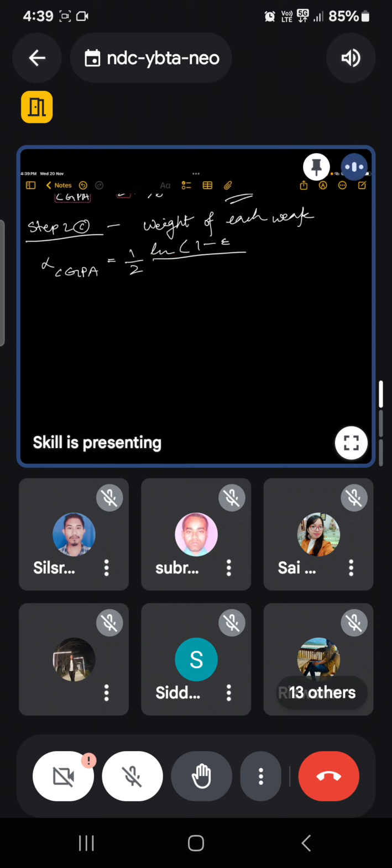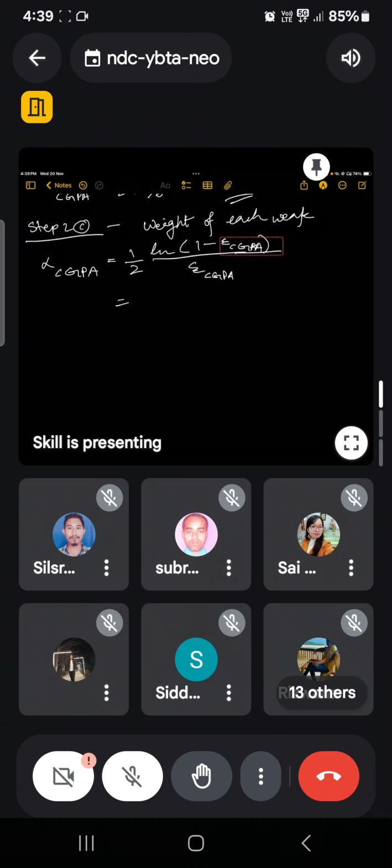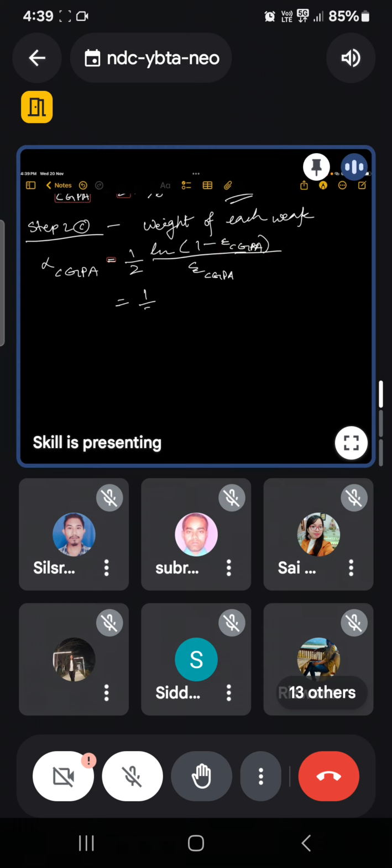We have already calculated the weighted error, so we put this value as we calculated it in the previous step.